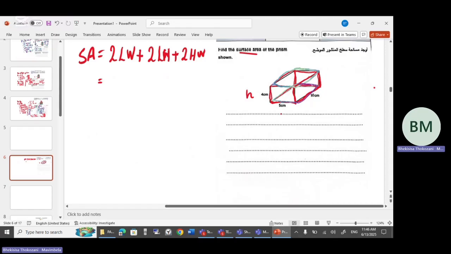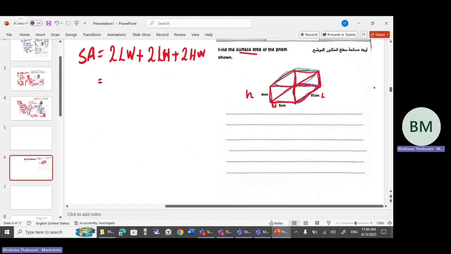And then I will have this one here as my length, depending on where we are. This will be my length. Okay. And this will be my W.